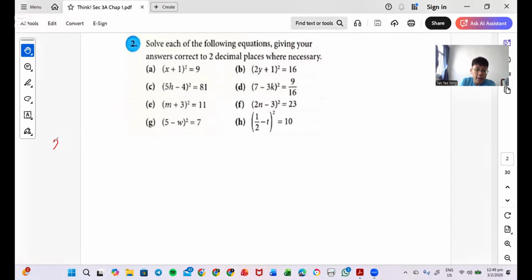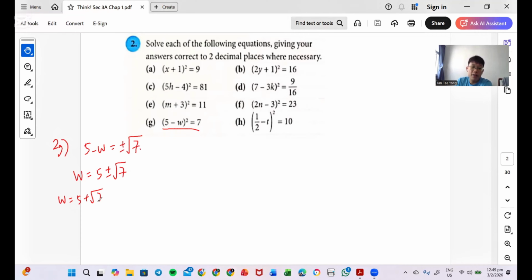So let's say 2g. So 2g is 5 minus w whole thing square equals to 7. So square root both sides. I have 5 minus w equals to plus minus square root 7. So w is equals to 5 plus minus square root 7. W equals to 5 plus square root 7, or W equals to 5 minus square root 7.